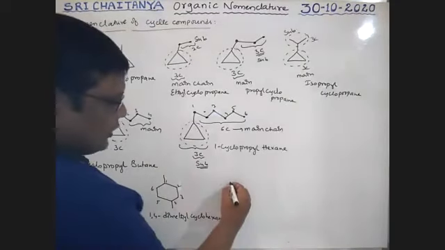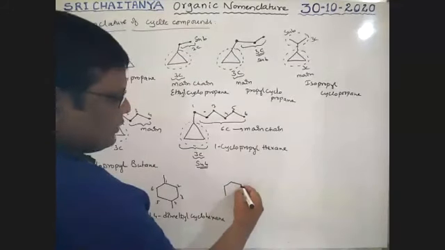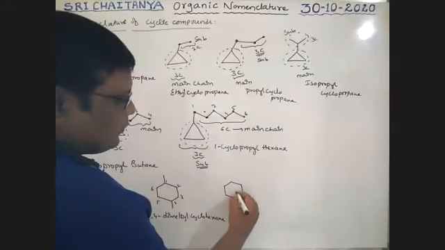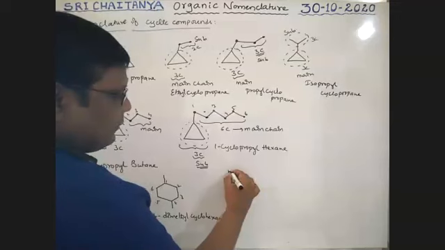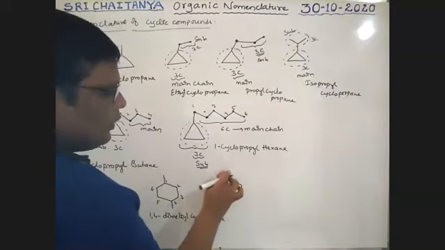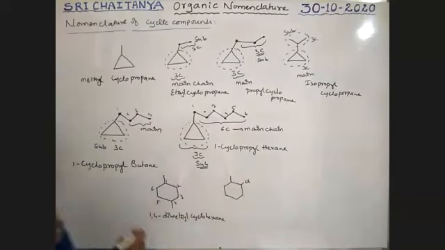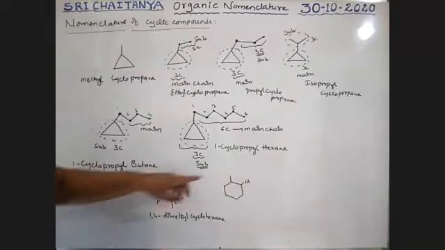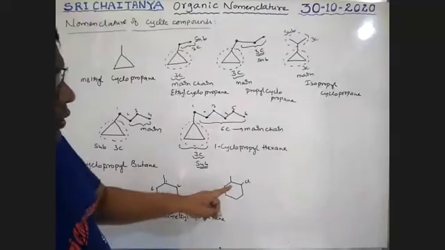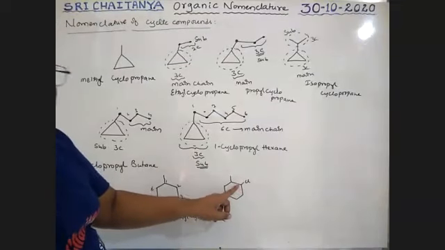Now, what about this situation? See here, boys. This is a methyl group and this is chloro. Here it is 1, and here it is 2.